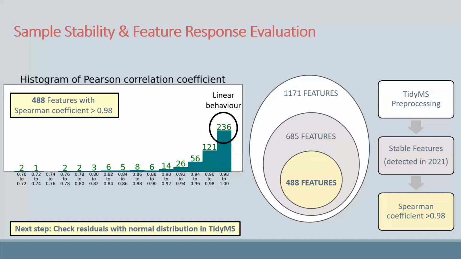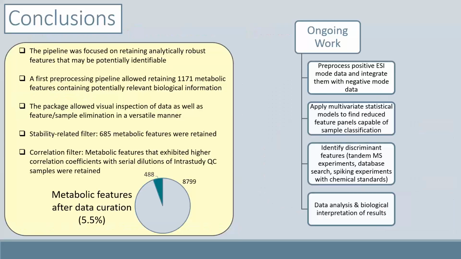To conclude, the pipeline was focused on retaining analytically robust features that may be potentially identifiable. First, the preprocessing pipeline allowed retaining almost 1,100 metabolic features containing potentially relevant biological information.